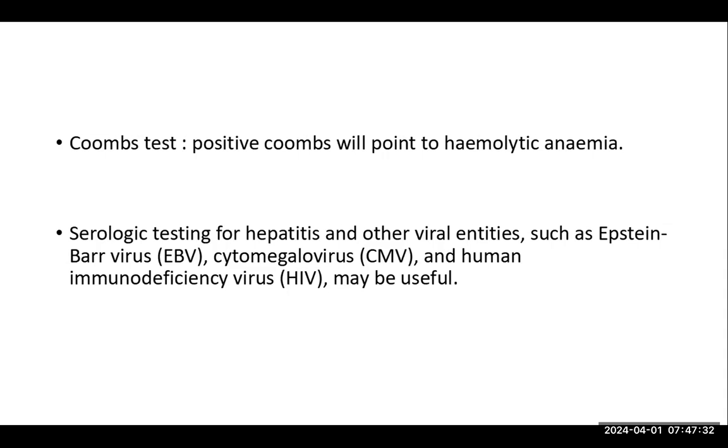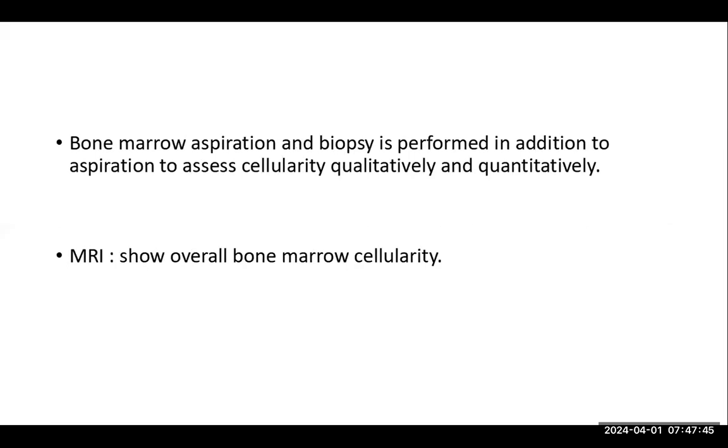Other serologic tests for hepatitis and viruses like Epstein-Barr virus, CMV, and HIV could also be useful in investigating this patient. A bone marrow aspiration and biopsy would also be done to assess the cellularity of the bone marrow, looking at the qualitative and quantitative nature of the cells.